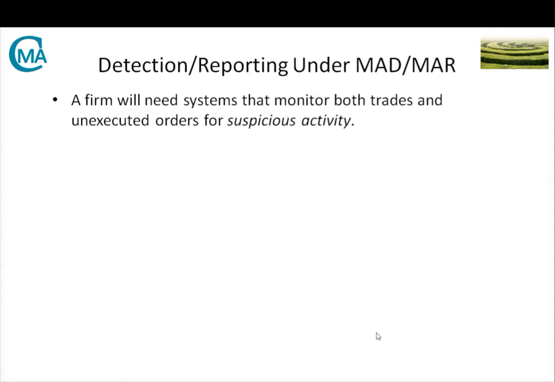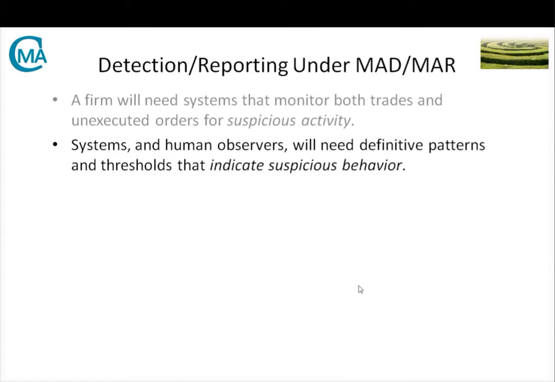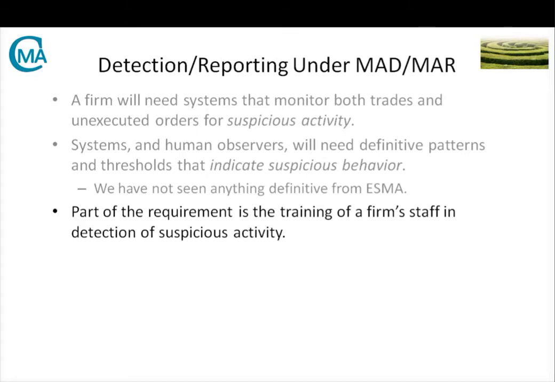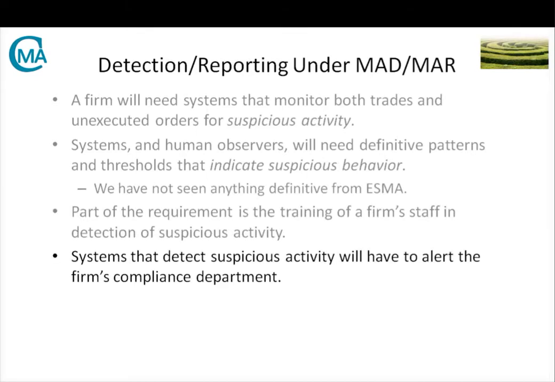So for an asset manager, investment manager, any transactions done for customers, any transactions done by the firm itself, or any transactions done by employees are covered. And we're going to need to have definitive metrics to make all of this work, and there aren't any metrics anywhere that I've seen supplied by the regulators.